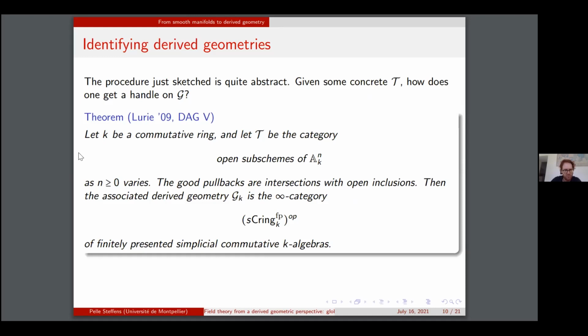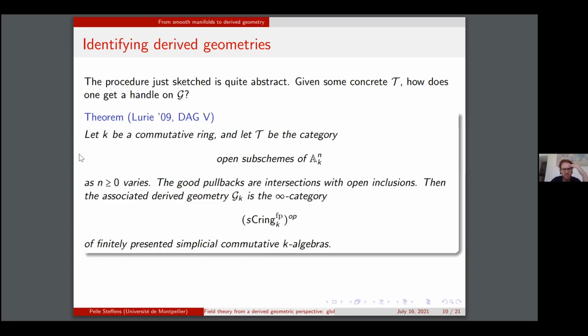So here's a theorem. I should say this whole procedure of going from something smooth to something derived is due to Lurie. Or maybe there are antecedents that I'm not aware of, but you can find it in one of his DAG papers.